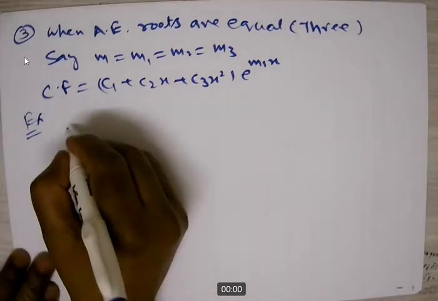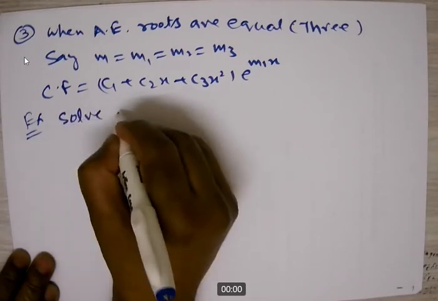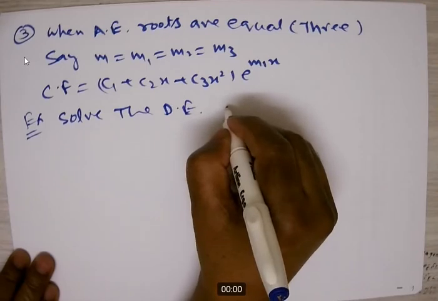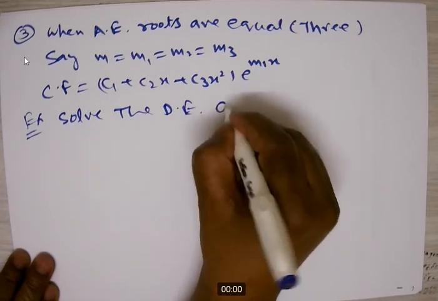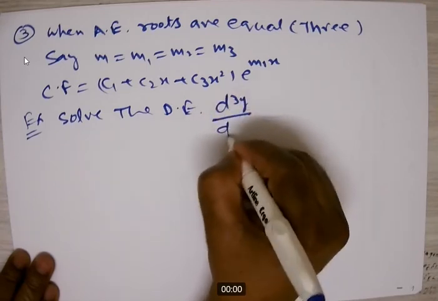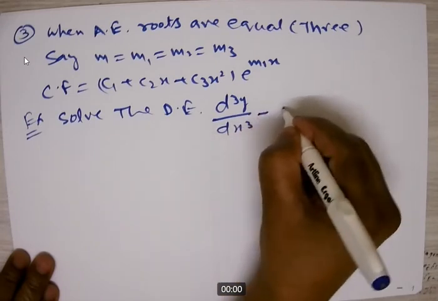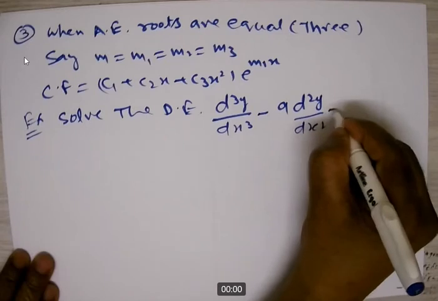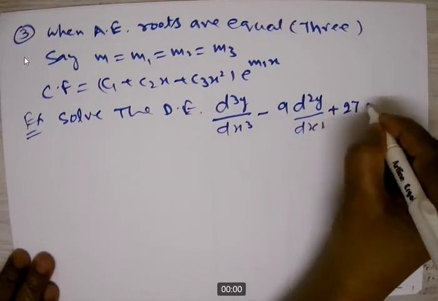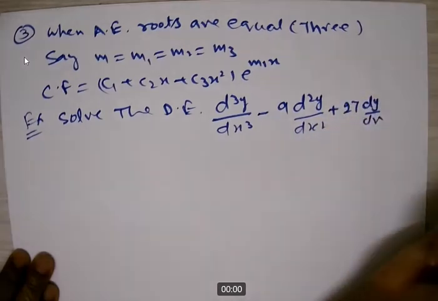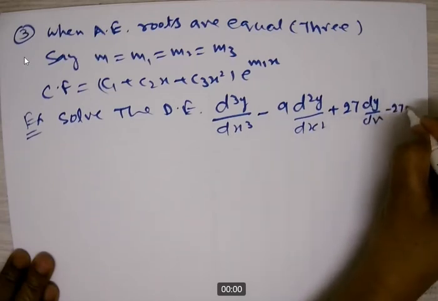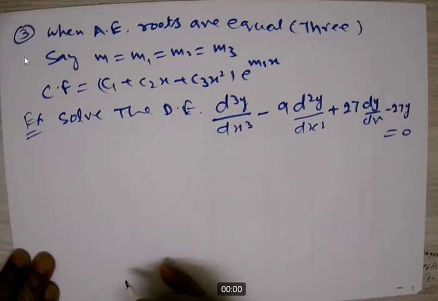Solve the differential equation. See, there are three types of things. We can write it d3y by dx cube minus 9 d2y by dx2 plus 27 dy by dx minus 27 into y equal to 0.